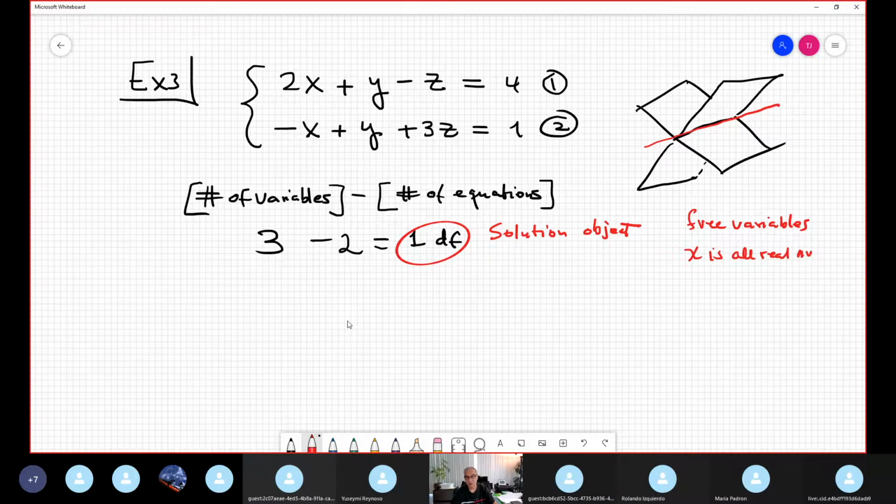So when this situation happens, we express the solution using one free variable, because the dimension of our solution object is 1D. But no more blah, blah, blah. Let's move on to GeoGebra. You type in this and you solve it, and let's see what happens and what is the interpretation.